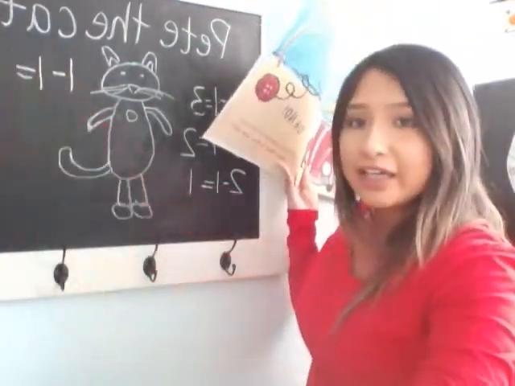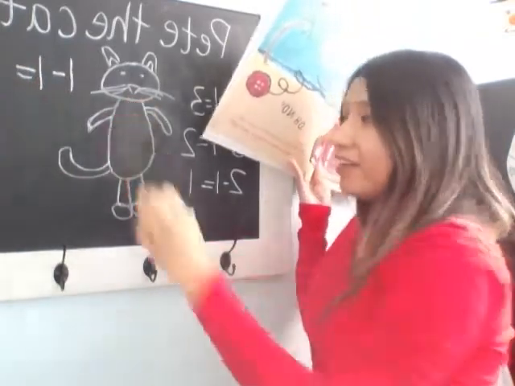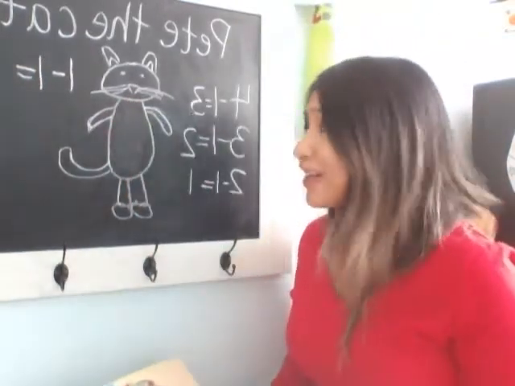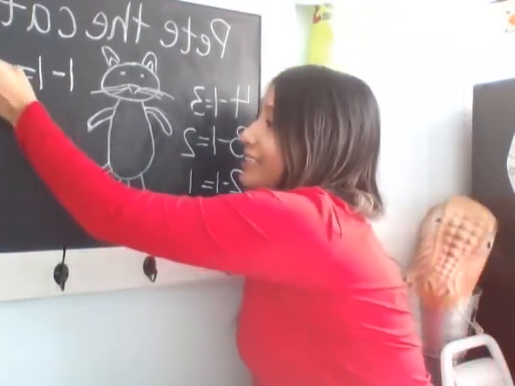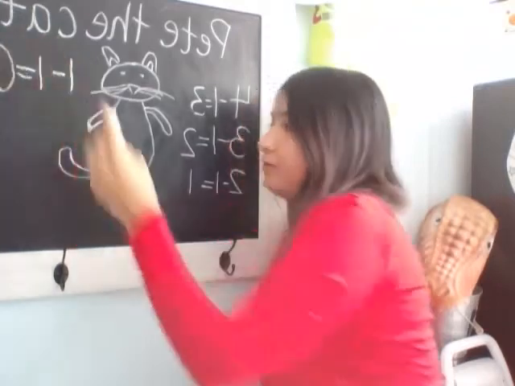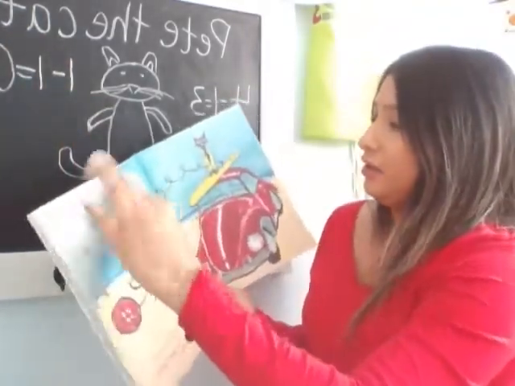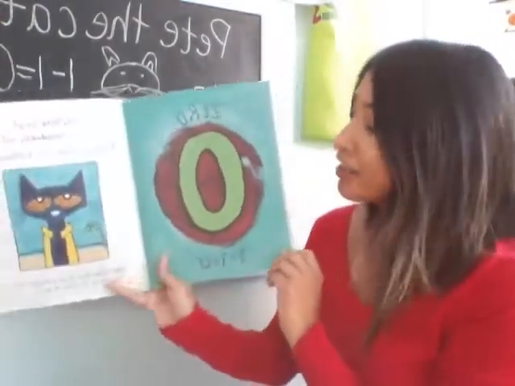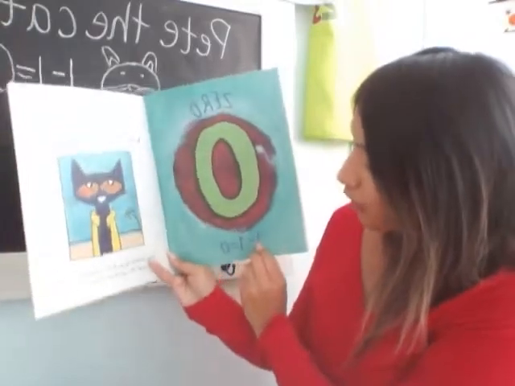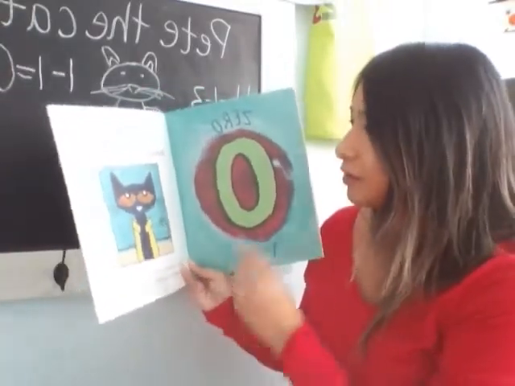So let's go ahead and take the last button off. Does Pete have any buttons left? Nope. He has 0. 0 buttons left. Were we correct? Yes. 1 minus 1 equals 0.